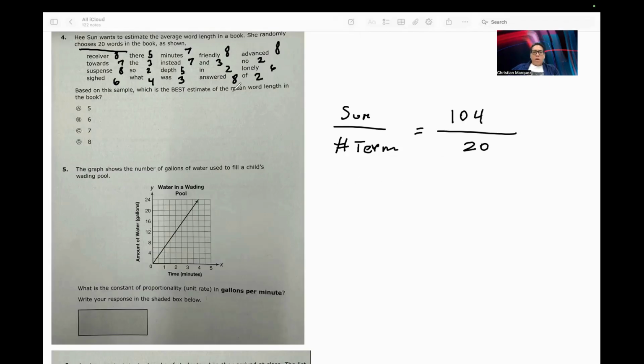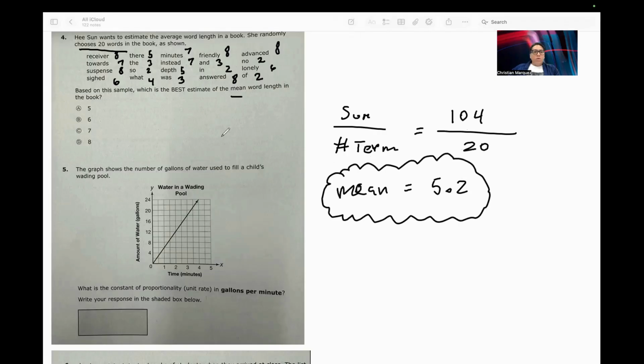So the mean, which is the sum of all the numbers divided by the number of terms, is going to give me 104 divided by 20. That's going to be 5.2. So you are going to select for the best estimation the number 5.